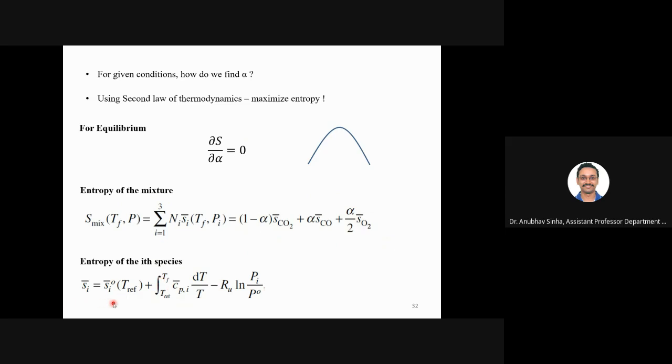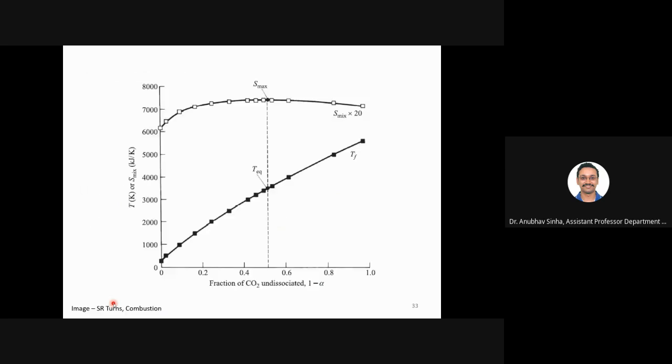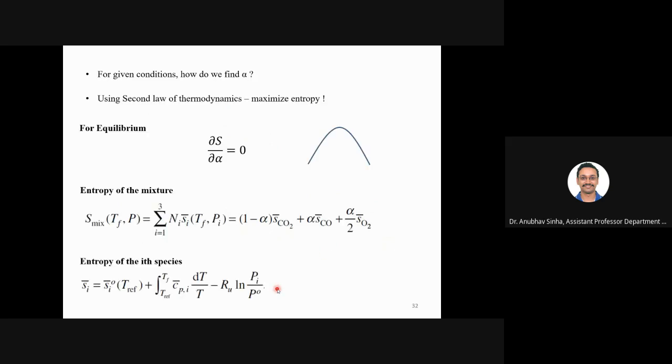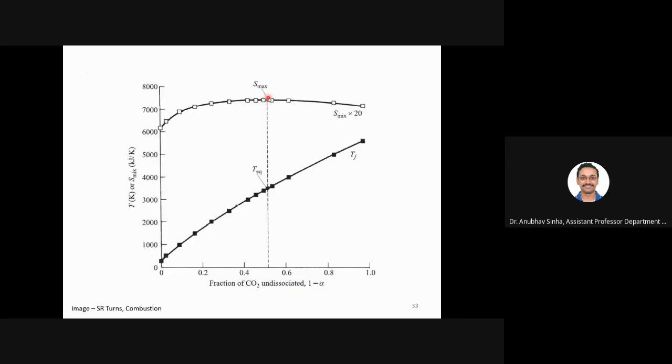Let us look at an example. Let's say that this is the entropy as a function of 1 minus alpha, or alpha, whatever you can take. This is what is shown in that plot. It is a little bit exaggerated to show you the peak; this is how the plot actually looks. So here is the peak.